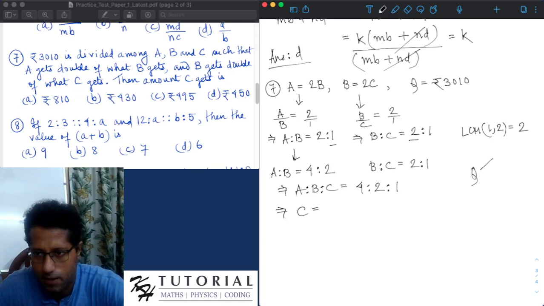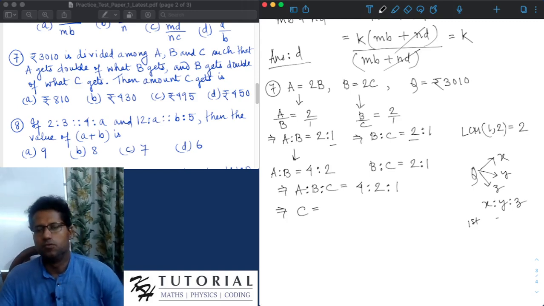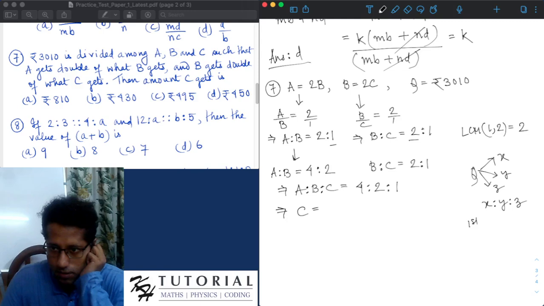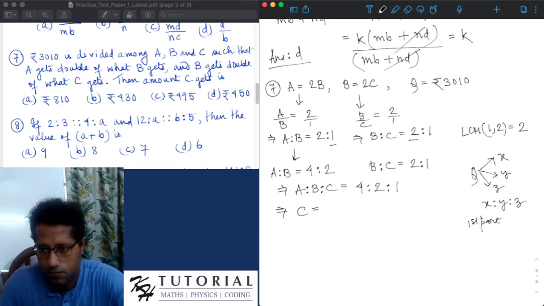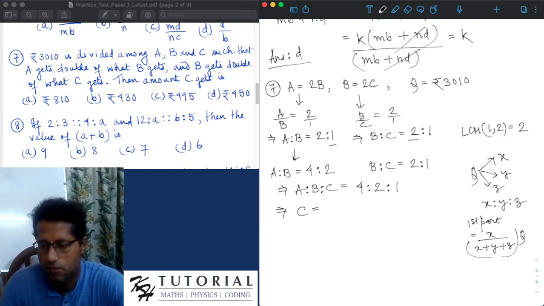into three parts such that they are in the ratio x is to y is to z, then the first part will be equal to x divided by x plus y plus z multiplied by Q, where Q is the total amount which has been divided into 3 parts in the ratio x is to y is to z.